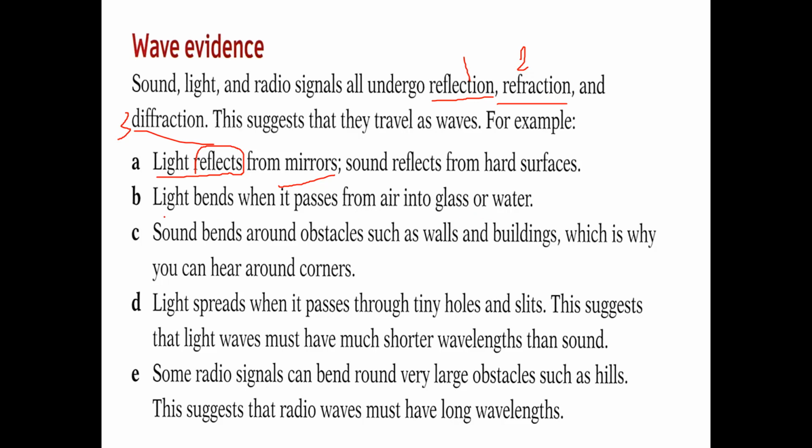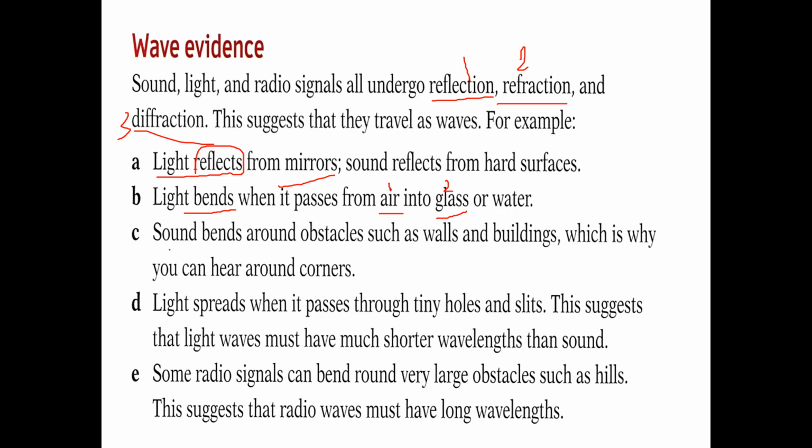So here what do we have? We have air, then glass: medium number 1, medium number 2, substance number 1, substance number 2. When the waves pass through two different mediums, different substances, what will happen to them? The light will bend.